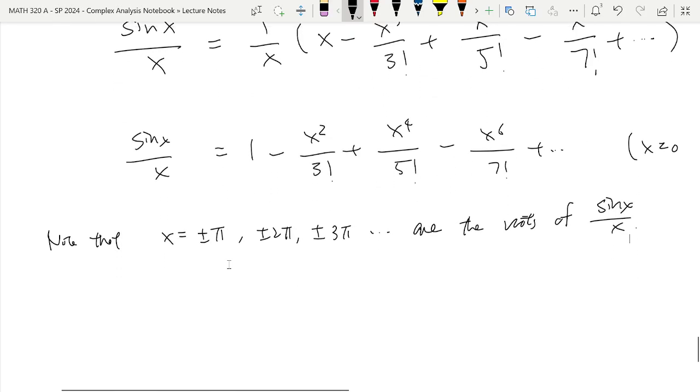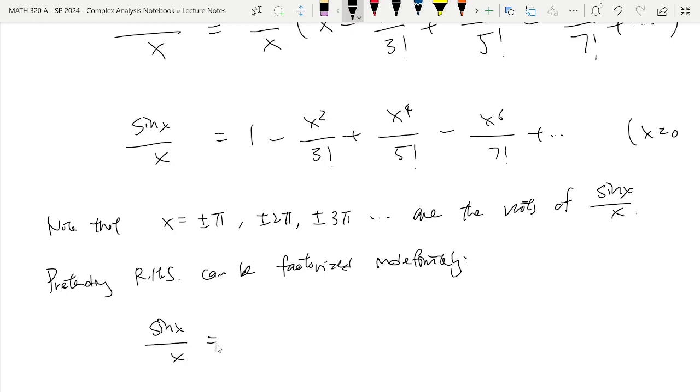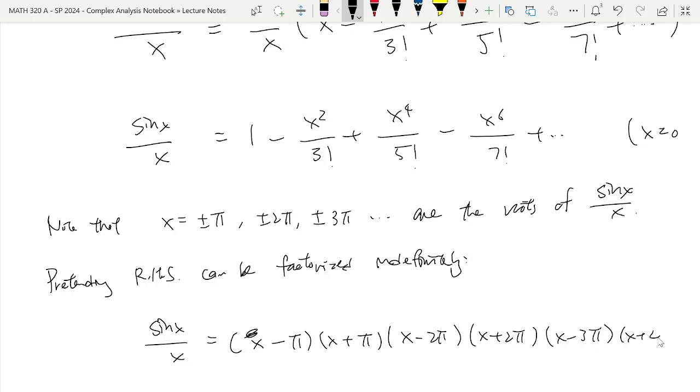Then, pretending the right hand side can be factorized indefinitely, you get sine x over x equals x minus pi, x plus pi, x minus 2 pi, x plus 2 pi, x minus 3 pi, x plus 3 pi, and so on.